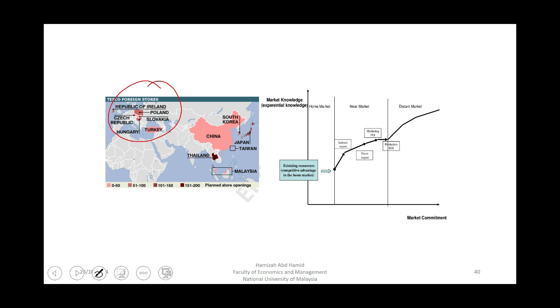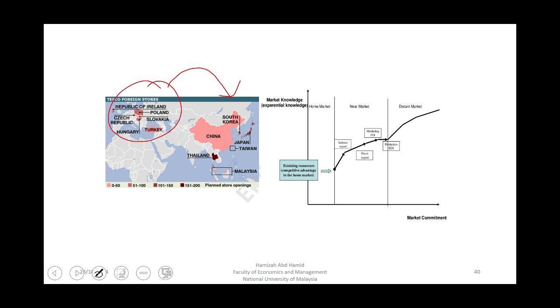Europeans know the European market. So as they get more confident, as they get more resources, they make more money, they are able to internationalize to more high risk countries.